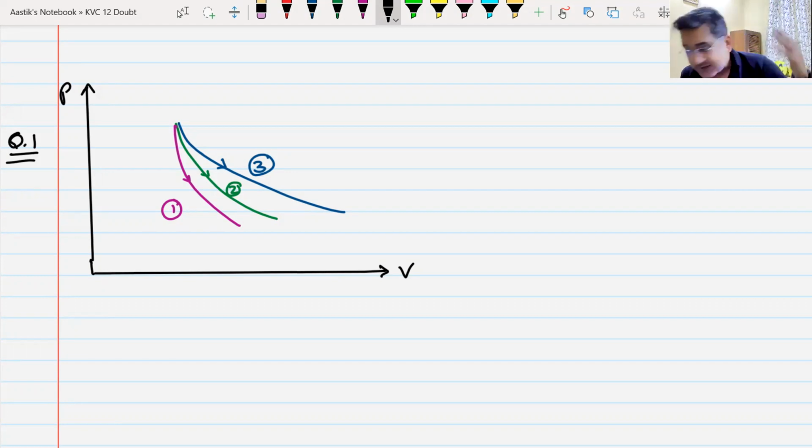One gas is monatomic, one is diatomic, and one is non-linear triatomic. Which graph is for which gas? Number 1, number 2, number 3. Which graph is for which gas? One gas is monoatomic, one is diatomic, the other one is polyatomic.